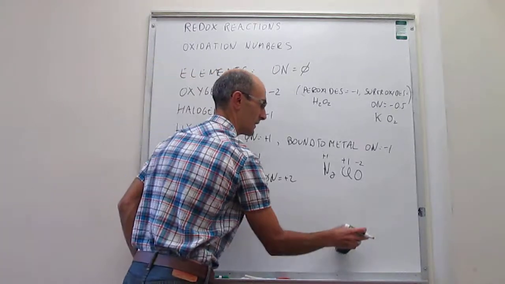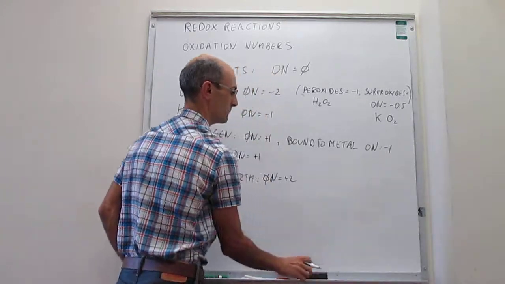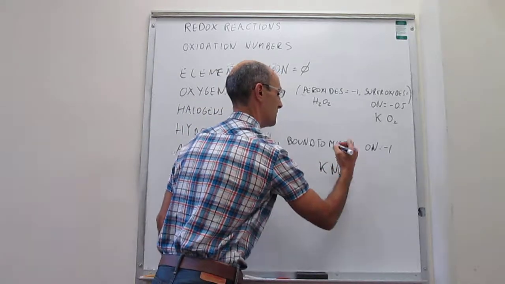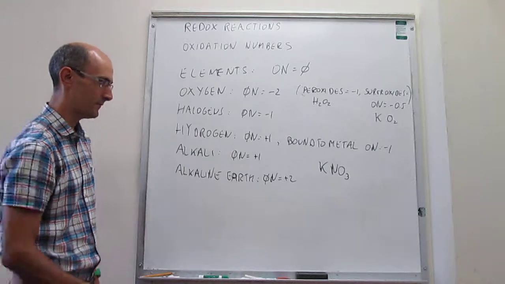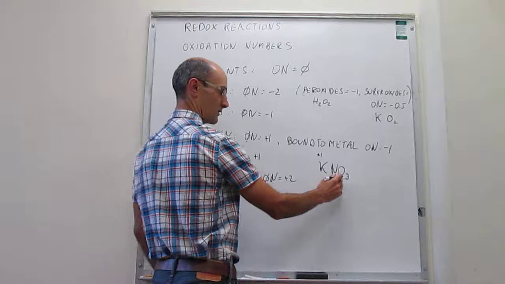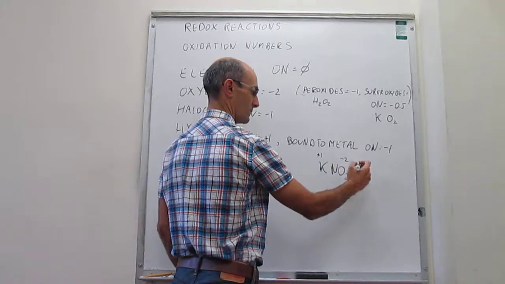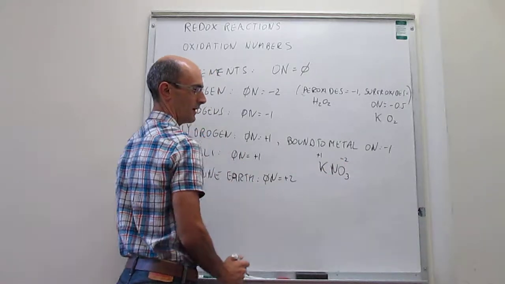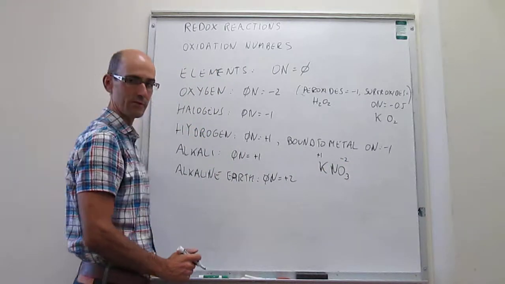Let's do a couple more. Let's do KNO3, which is potassium nitrate. Potassium is an alkali, so you have a +1. Oxygen is going to be a -2, but notice that here you have 3 oxygens, so the total oxidation number of oxygen is going to be -6.